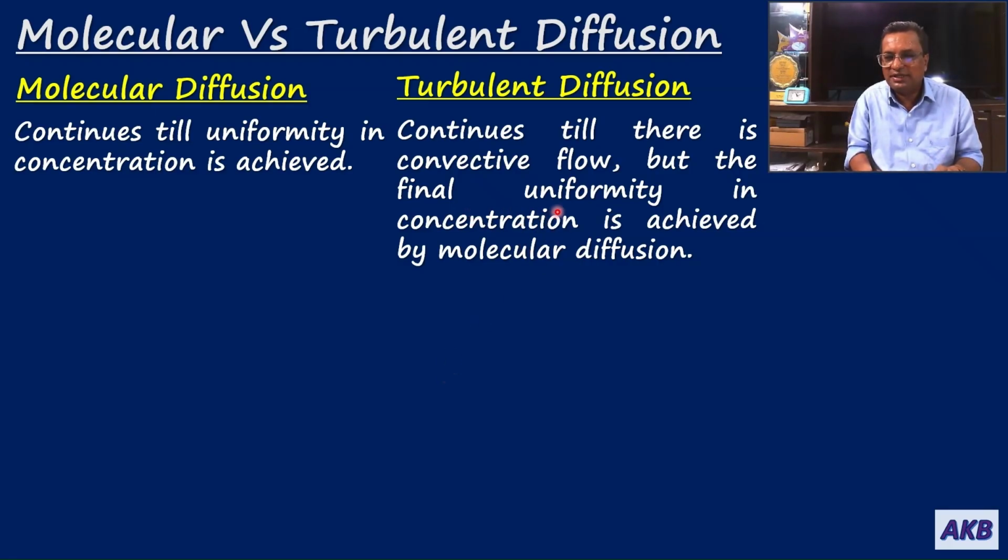So once the convective flow stops, turbulent diffusion stops, but molecular diffusion will continue as long as there is no uniformity in concentration. Molecular diffusion will continue till the concentration gradient becomes 0 or concentration becomes uniform.